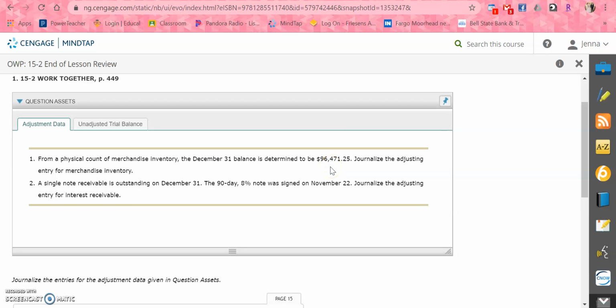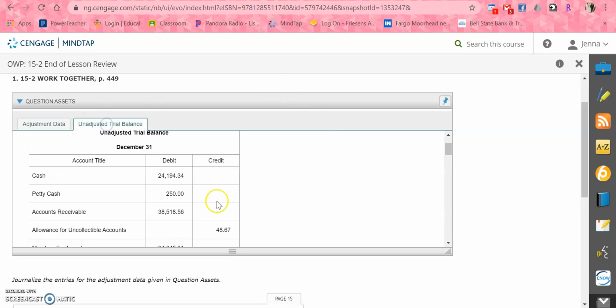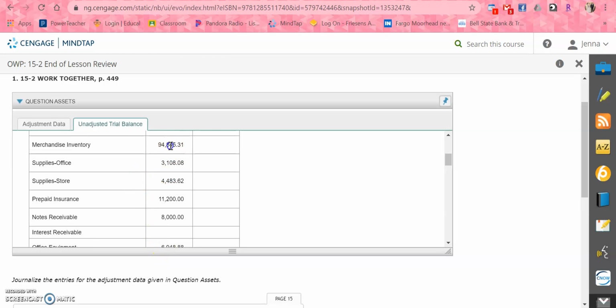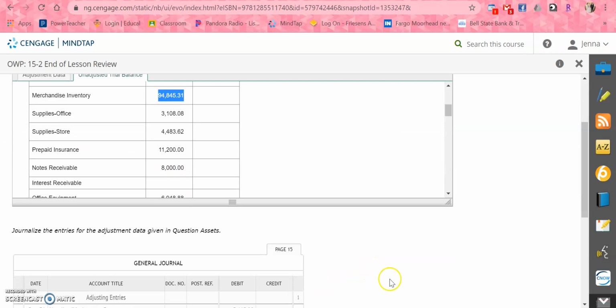So I'm going to figure out the number. I'm going to take this number here, the larger one, 96,471.25, and then I'm going to subtract from it the smaller number, merchandise inventory here, so minus 94,845.31. The difference, $1,625.94, is what I need to increase merchandise inventory by.